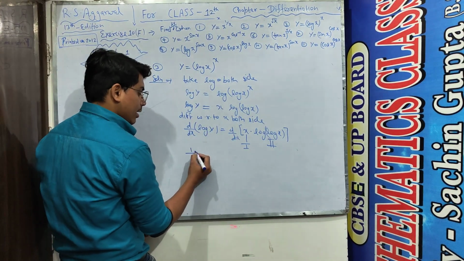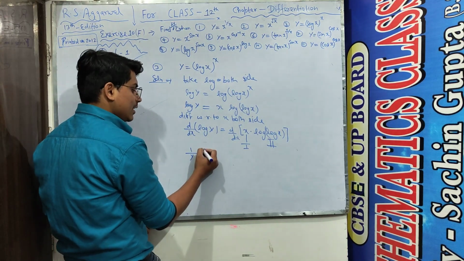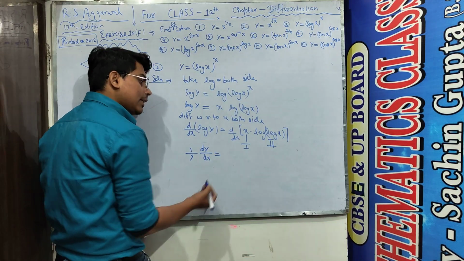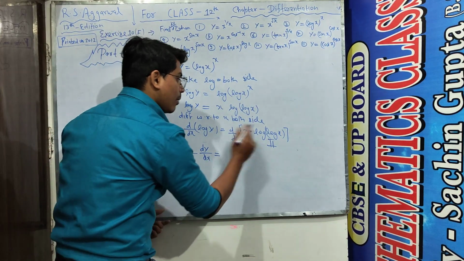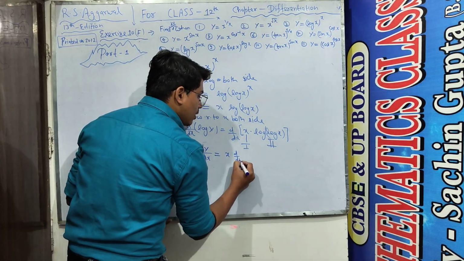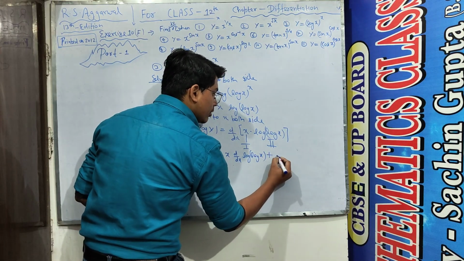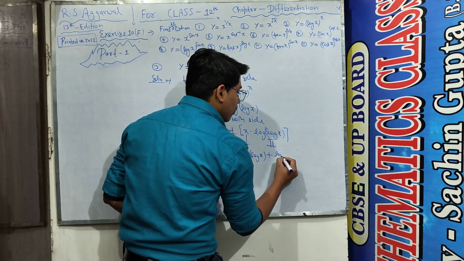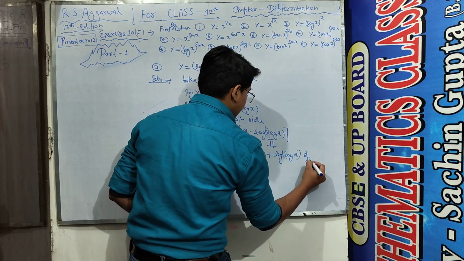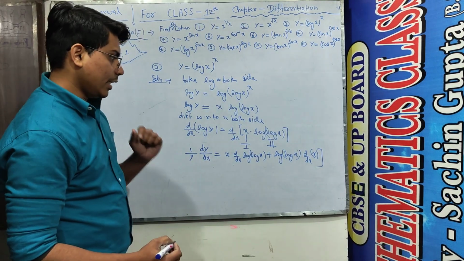So the differential of log y is 1/y. Since we are differentiating with respect to x, dy/dx comes as well. Now we apply the first-second rule: the first, x, stays, d/dx of log of log x, and log of log x stays, and we differentiate x with respect to x, which is second.